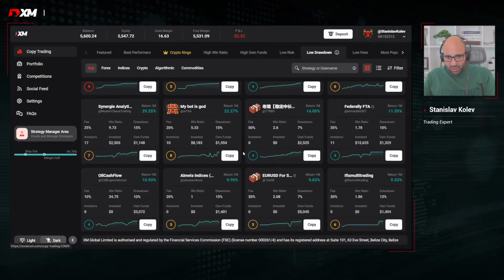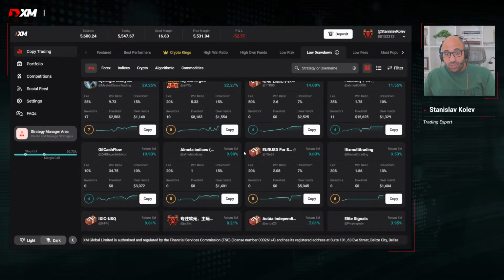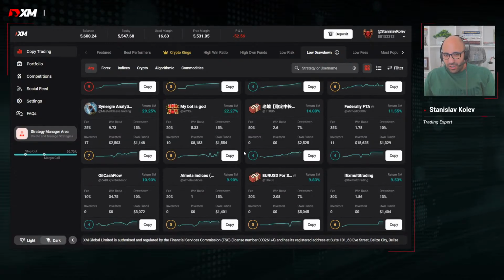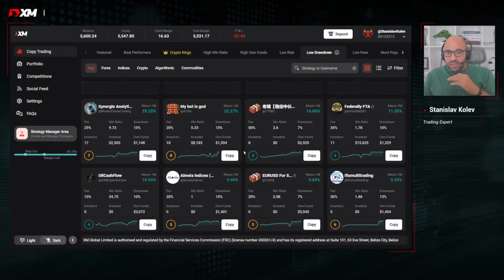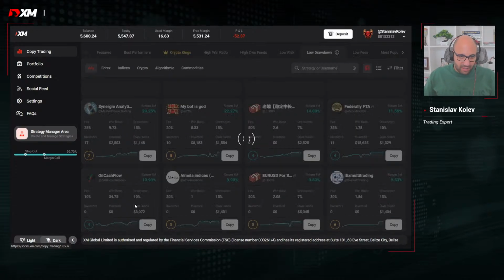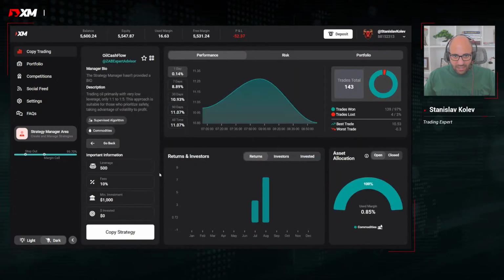Long story short, you're really looking into some solid, small drawdown, small risk, and growth is like second criteria.